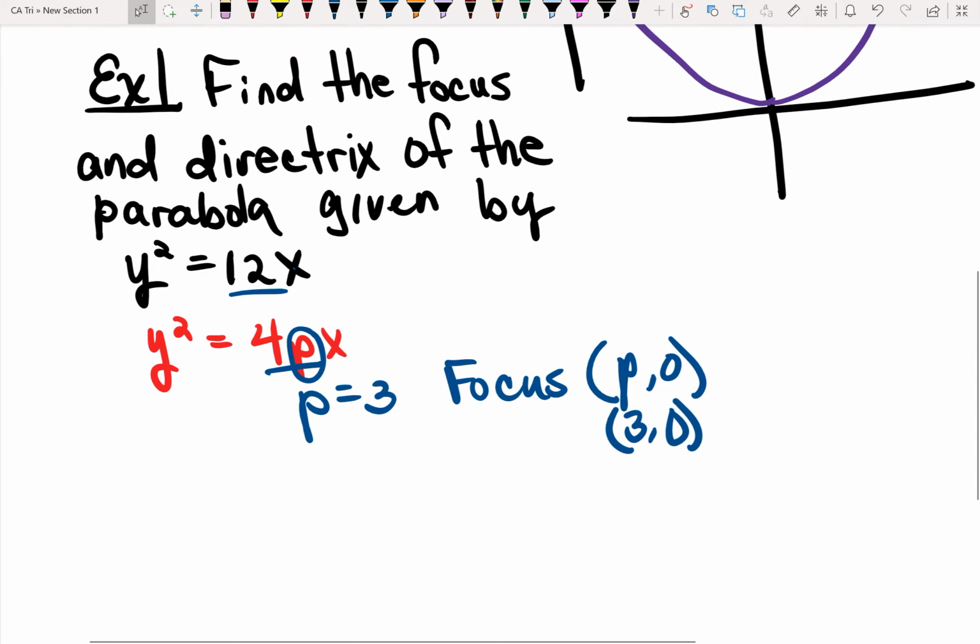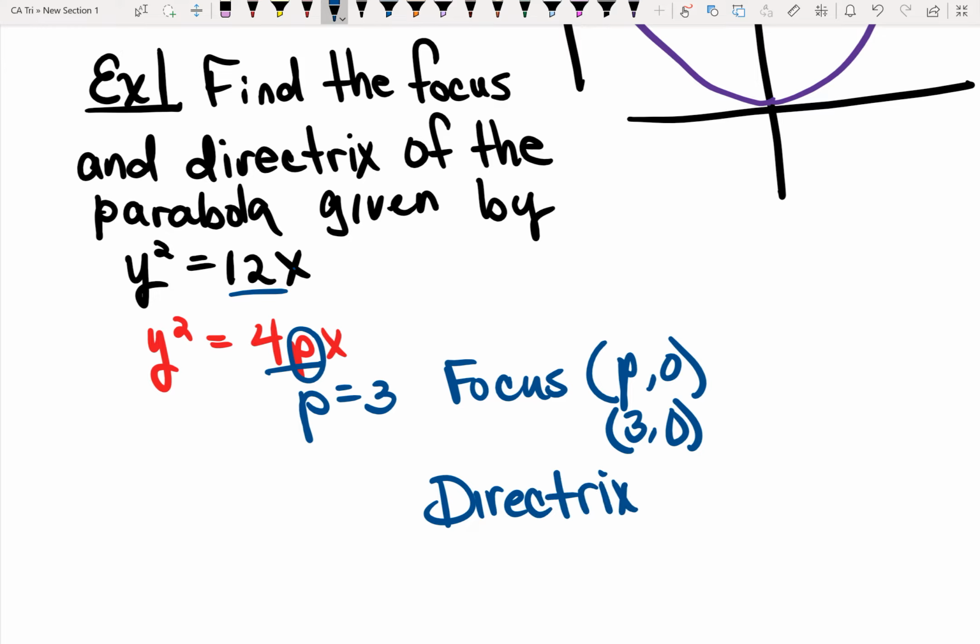Now to find the directrix, we have x equals negative p. So in our example, x equals negative 3.